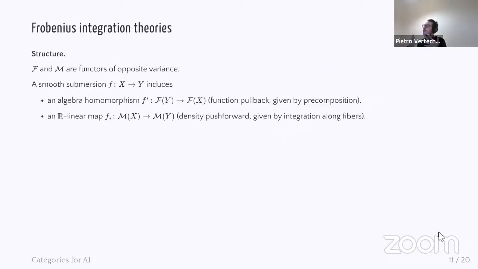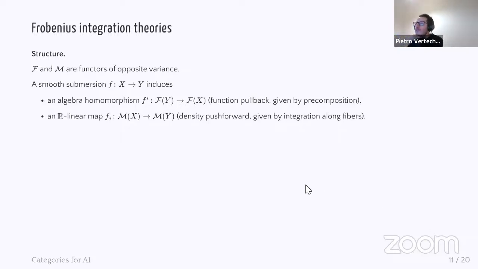And these are basically all the tools that we need to describe how functions and densities vary. And what we can show is that they are functors of opposite variance.